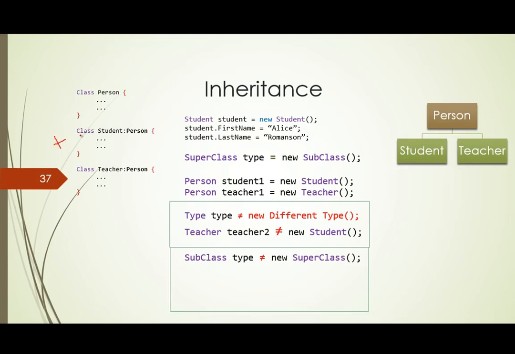So it really needs those extended properties to be instantiated, but a person has fewer properties than a student. So a student class cannot be created from a person class. If you try to create a student object from a person class, you will fail. And if you try to create the teacher object from the person class, you will also fail.